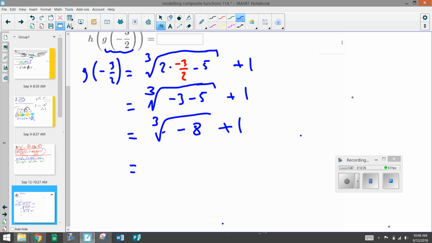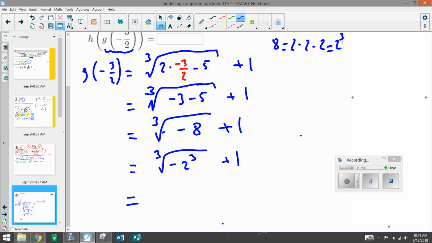Right. Because 8 is equal to how many times you multiply 2 by itself? Let's focus on the question. It's 2 cubed. How many times should I multiply 2 by itself in order to get 8? 3 times. So that means cube. Put it back in. Don't forget the negative sign.